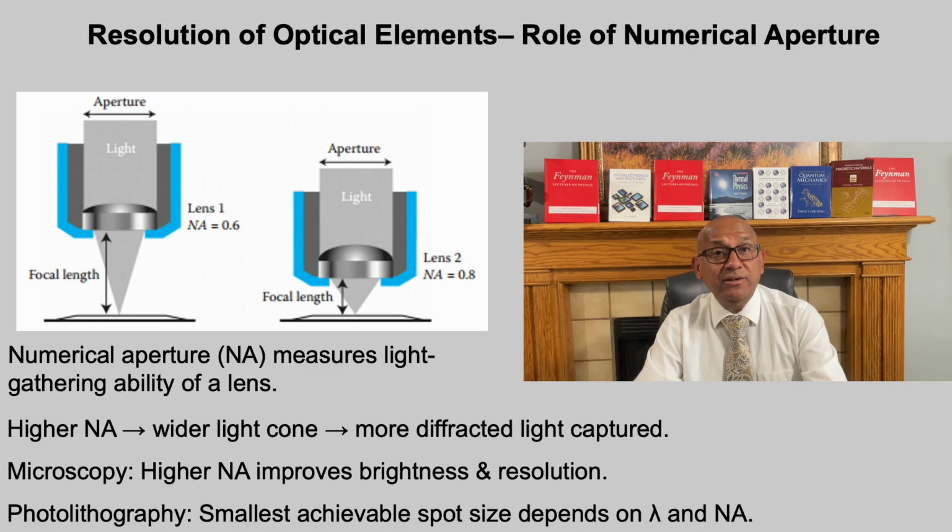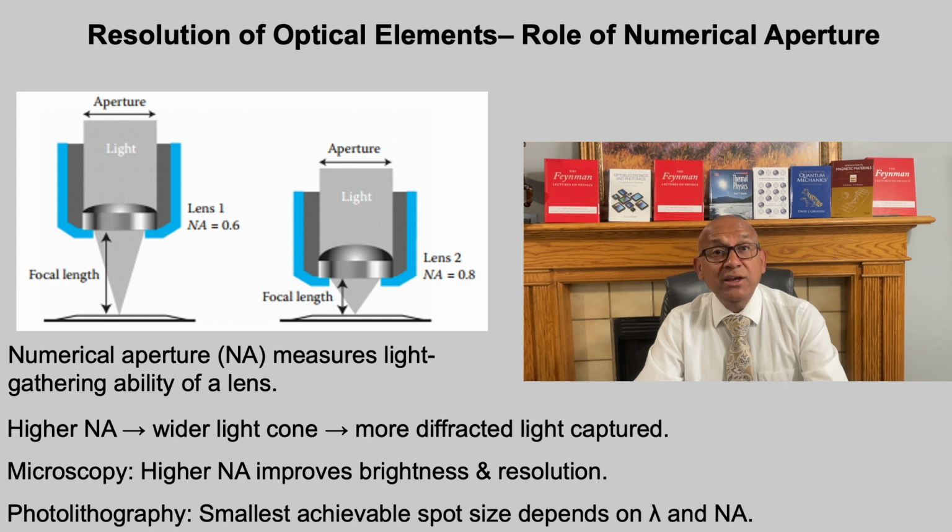Another critical factor that determines optical resolution is the numerical aperture, or NA, of a lens. Numerical aperture essentially measures the light gathering ability of the lens. A higher NA means the lens can accept light at a wider angle, creating a larger light cone. This allows it to capture more of the diffracted light, which directly improves resolution.